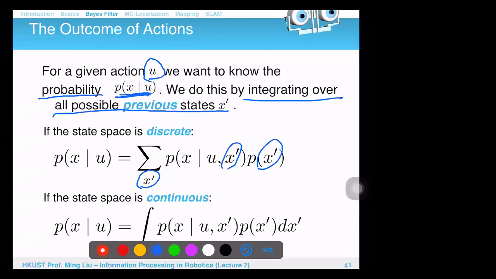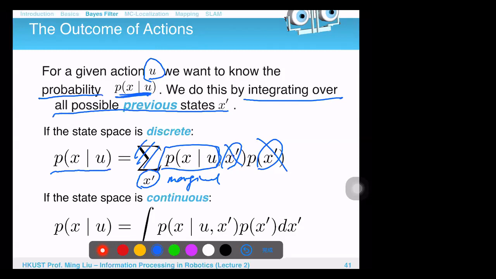And you can look at this equation. This equation is quite nice, and it's quite balanced. You have P of x given u as a marginalization. We marginalize out this x prime, so we cancel out all the x prime, and then you are left with P of x given u. So you won't make mistakes if you write out this equation.